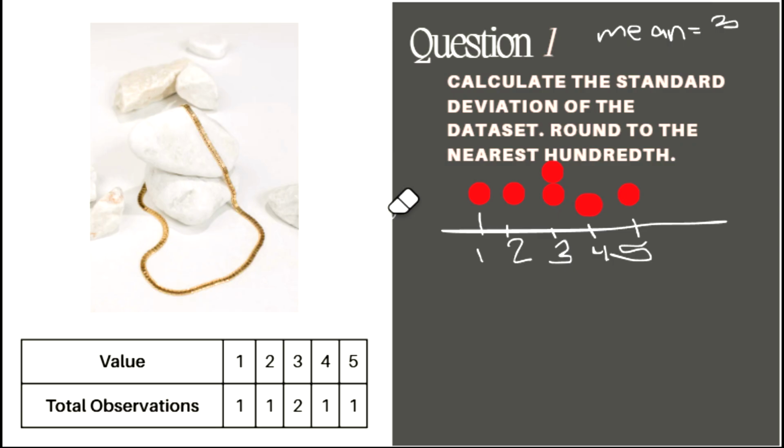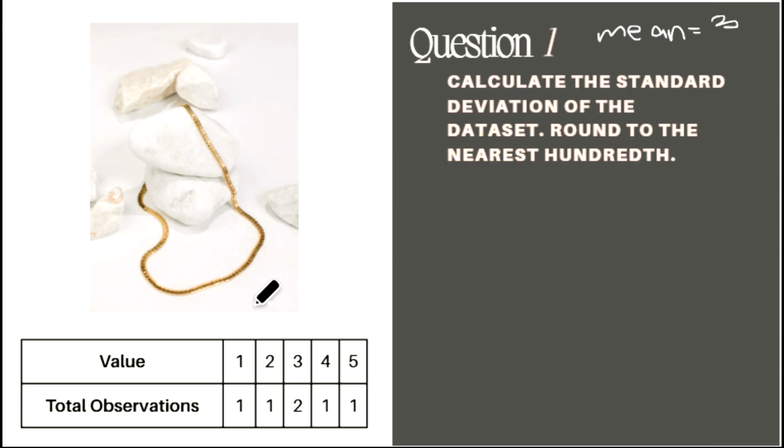Now we need to make our next little chart, which is going to be our values, which is 1, 2, 3, 4, and oh wait, I have to have 2 3s.